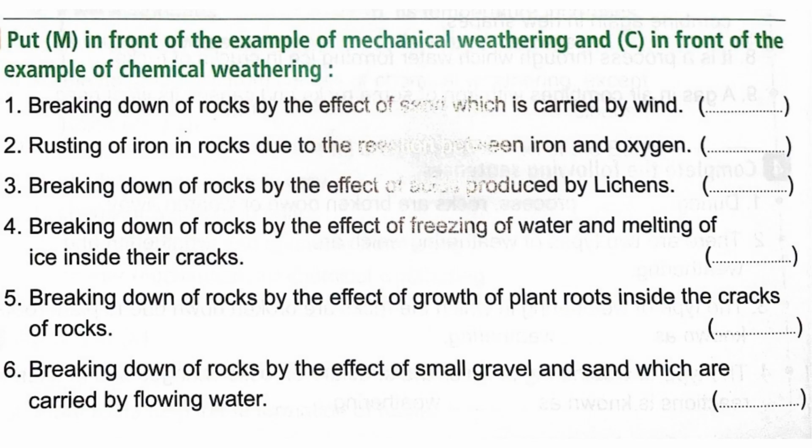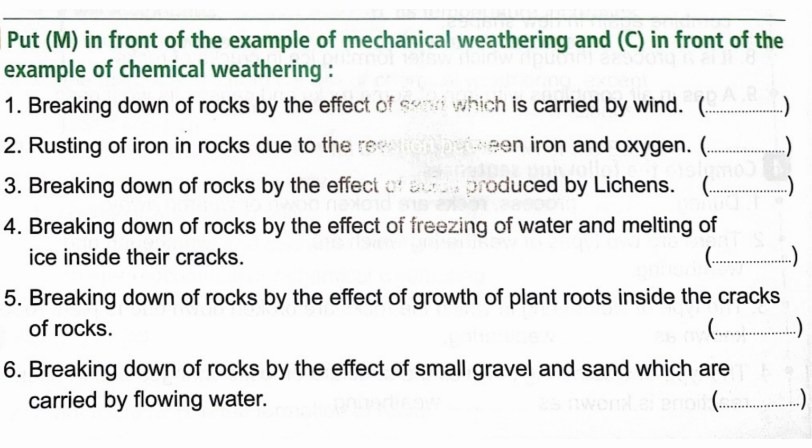Now we have a small quiz here to make sure that we understood the difference between mechanical weathering and chemical weathering. We will put M in front of the example of mechanical weathering, and we will put C in front of the example of chemical weathering. First, we have breaking down of rocks by the effect of sand, which is carried by wind.